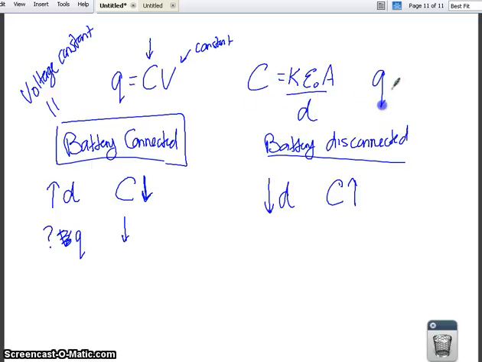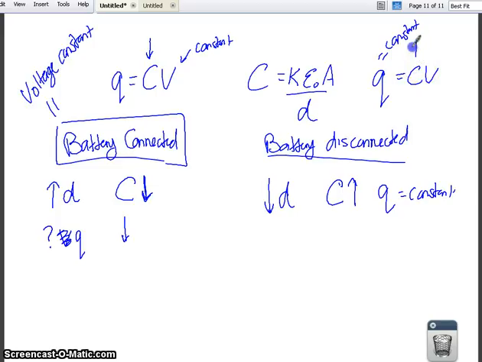When the battery is disconnected, there is a certain amount of charge on the plates, and that charge isn't going to flow. Charge cannot flow without being connected. So when the battery is disconnected, Q is constant.